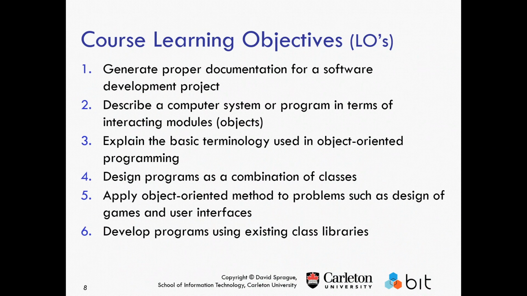So, our learning objectives right now: we want proper documentation for software development projects. That's my boilerplate for every single course: how do I clearly communicate to others and document what I'm doing. We're going to be looking at objects, though, and that's what's special about this class. It's a paradigm, a way of looking at programming in a very different way.